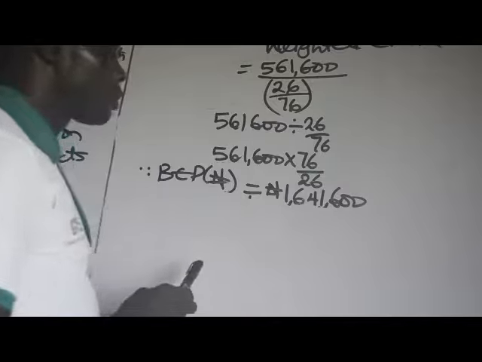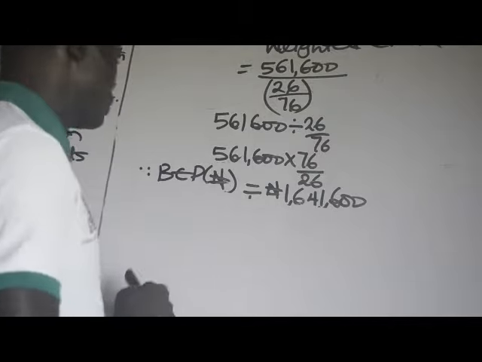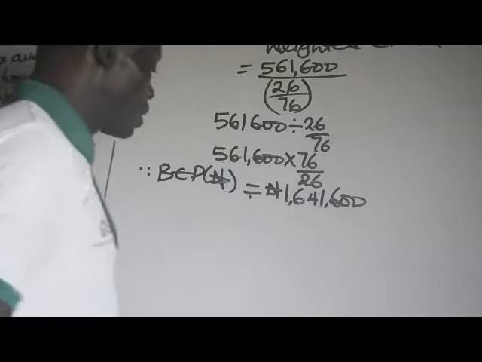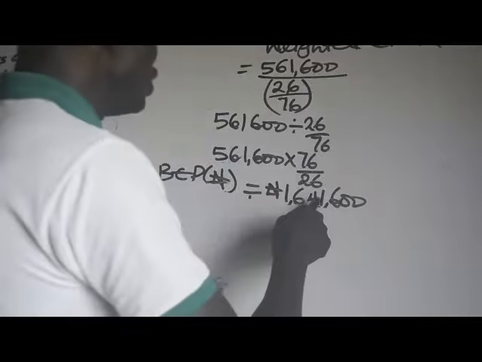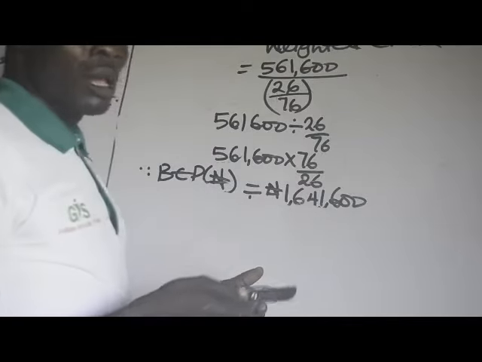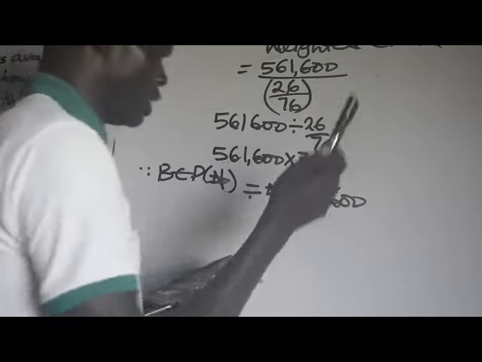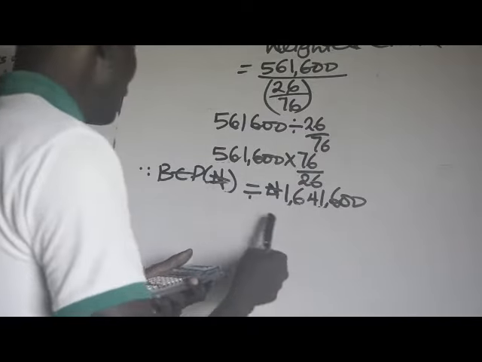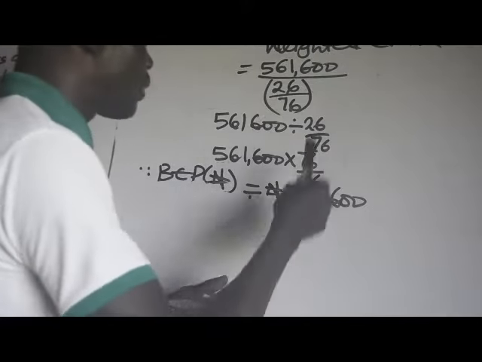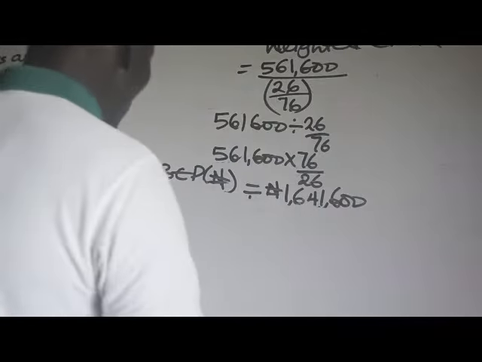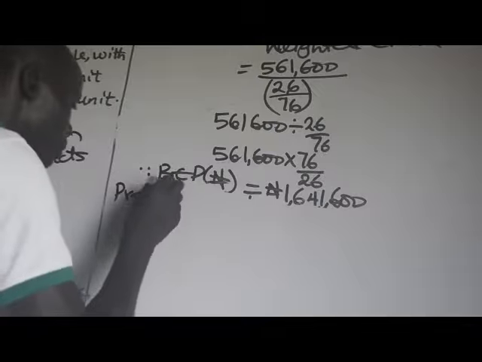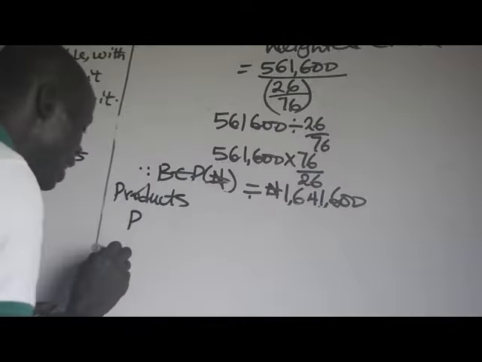Having determined the overall break-even point in Naira, and we've got 1,641,600, the next thing is to apportion the overall BEP in Naira by the weighted selling price in order to get the break-even point in Naira for each individual product. Now remember, two products are involved. We have product P and product E.